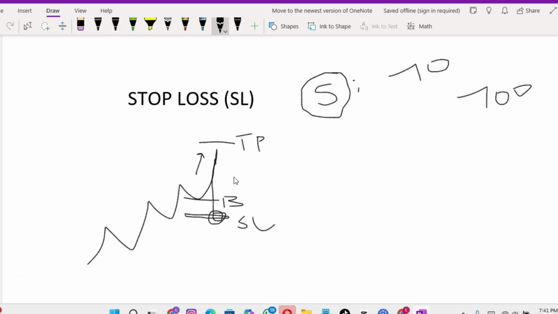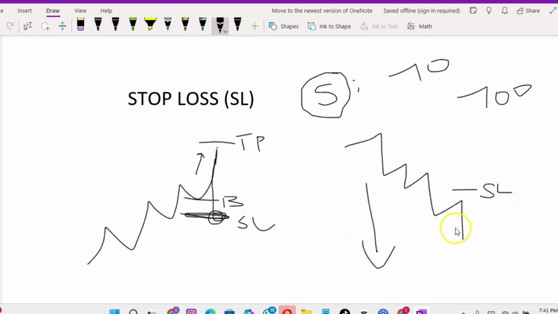And if you are buying, your stop loss has to be down, which is against your direction, while your take profit has to be up. And if you are selling, your stop loss has to be up, which is against your direction of the market, while your take profit has to be down, which is reflecting your direction.